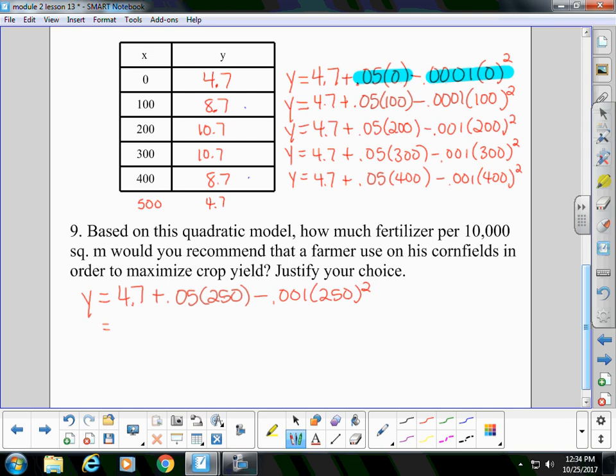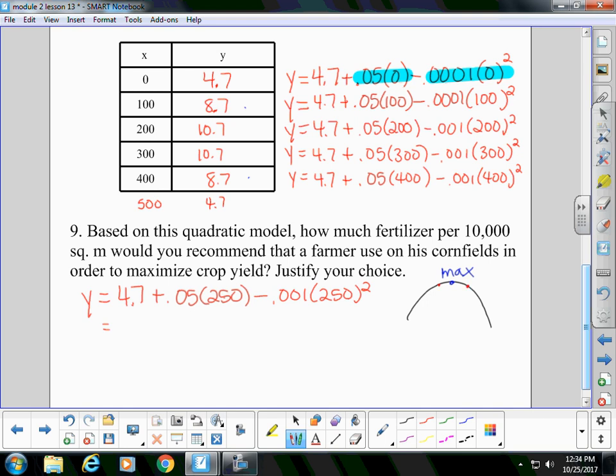And here's why. Let me draw a picture so I can explain why I know that better. The maximum of this is going to be right here, the high point. On each side of the high point, you get the same numbers. Right here and right here are going to be the same.